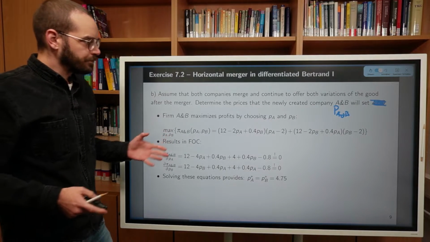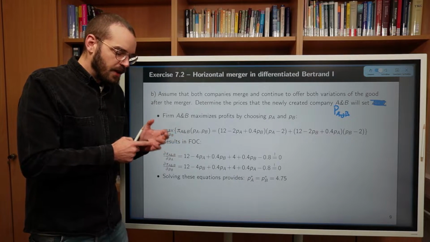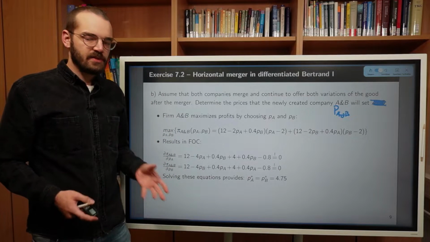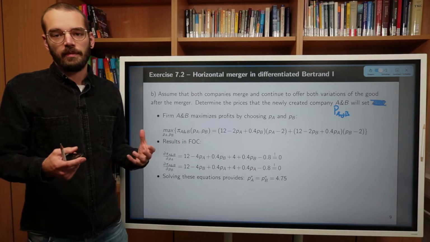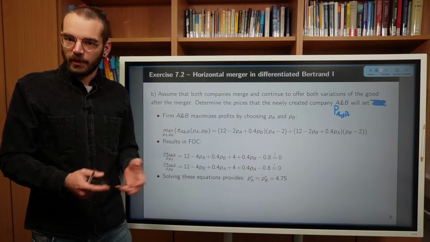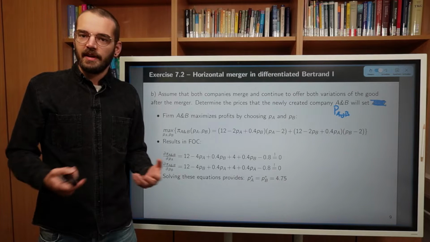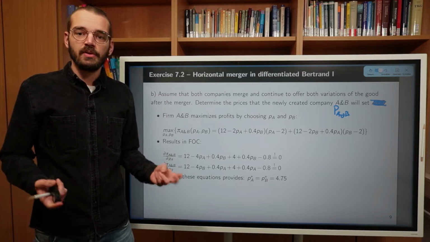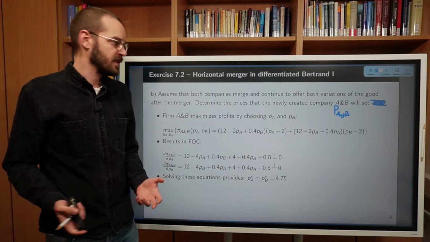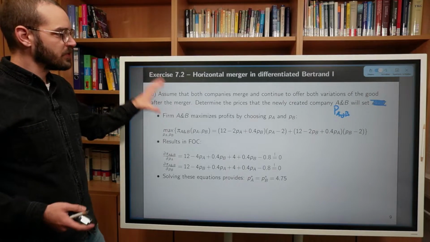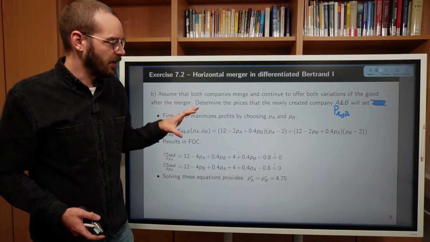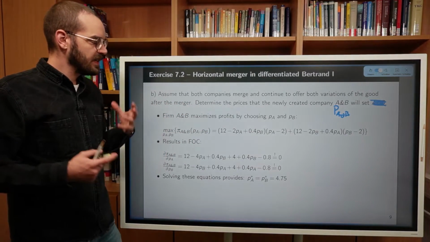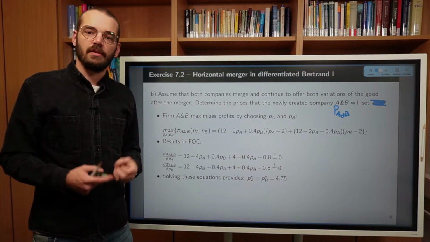All right. So now, if we want to find the profit maximizing strategy for a monopolist, the merged firm, which thereafter is simply a two differentiated goods monopolist, we have to start by stating the profit function of this monopolist.